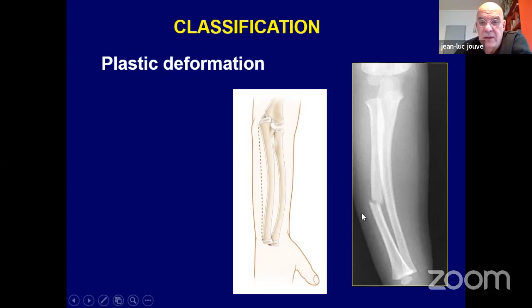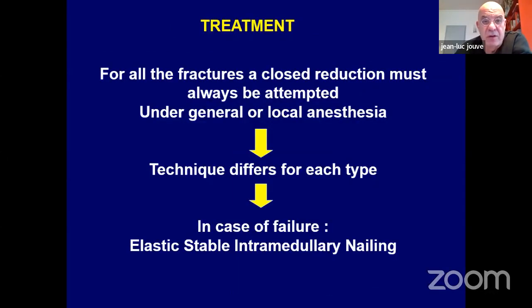You see on this X-ray that there is a fracture of the radius, but there is also a plastic deformity of the ulna. And if you don't correct the deformity of the ulna, you will not obtain a good reduction of the radius. So remember that the child can have plastic deformation without fracture.